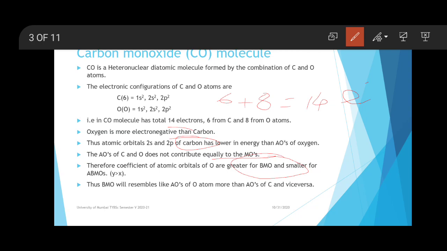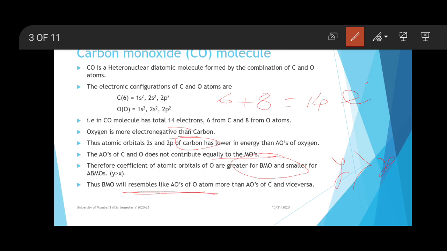So here I have mentioned that the coefficient of contribution of atomic orbitals, that is the coefficient of oxygen, will always be greater than the coefficient of carbon. The coefficient of the atomic orbital of oxygen is greater for BMO and smaller for the antibonding molecular orbitals. Thus the BMO, the bonding molecular orbital, resembles more the atomic orbital of oxygen.